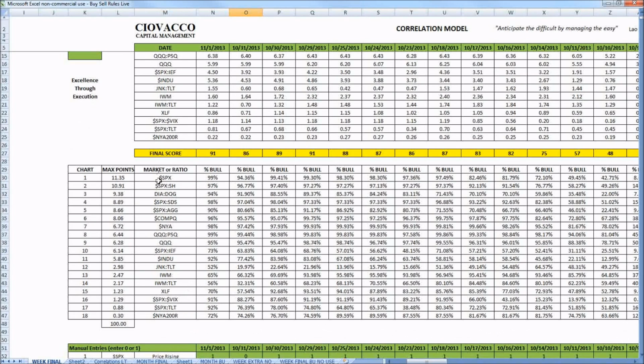It also allows us to take all of these scores and all of that information from all of the charts and all of the indicators and boil it down to one score. So we've taken a massive amount of information, moved it down to one number between 0 and 100 that allows us to compare the present day to historical periods that were either bullish or bearish.